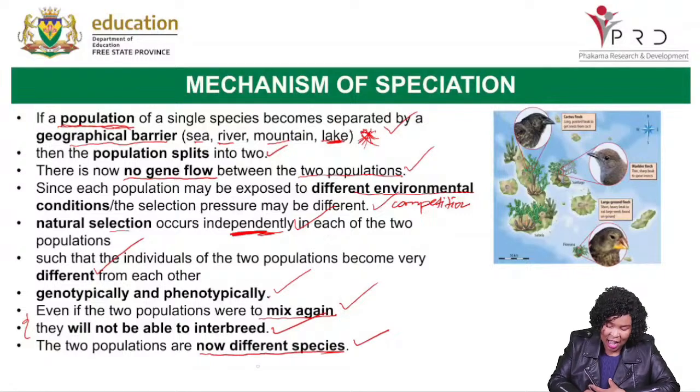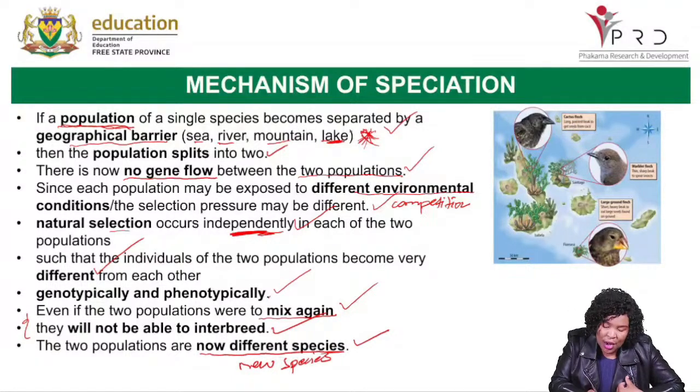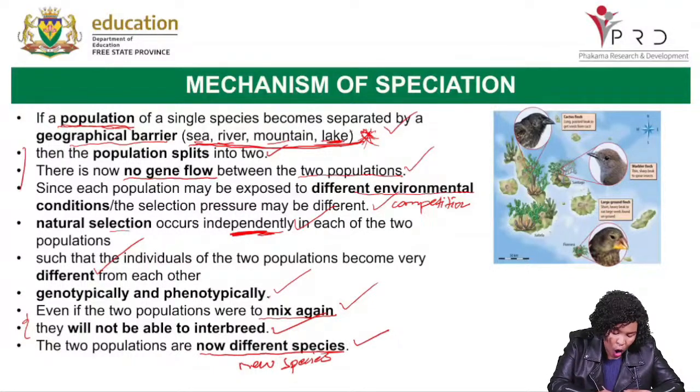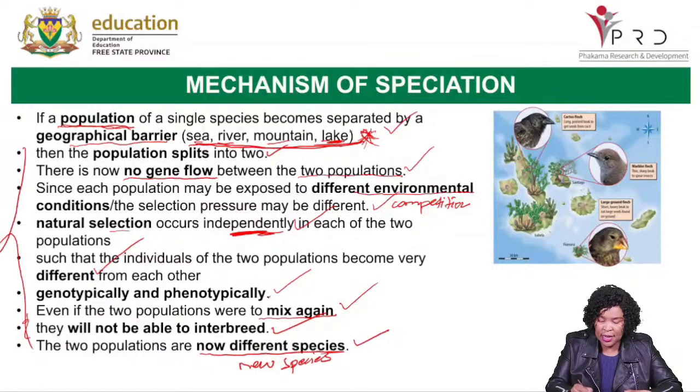So this is how new species are formed, by the separation of a geographical barrier. That separation brings all of these happenings, and then you end up with new species.